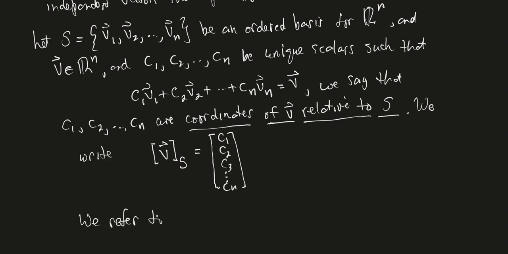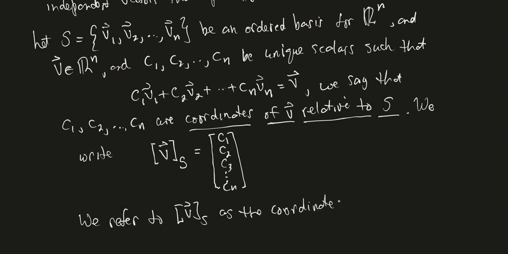So we refer to this as the coordinate vector, because it's a vector now, but it contains these special scalars, the coordinates.